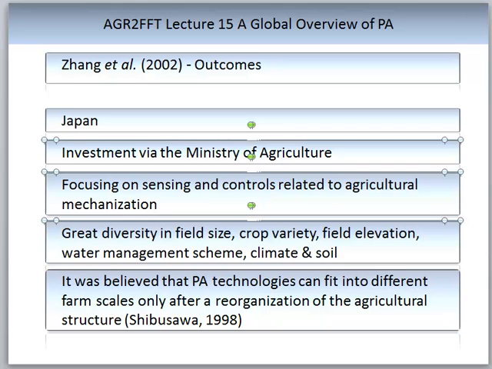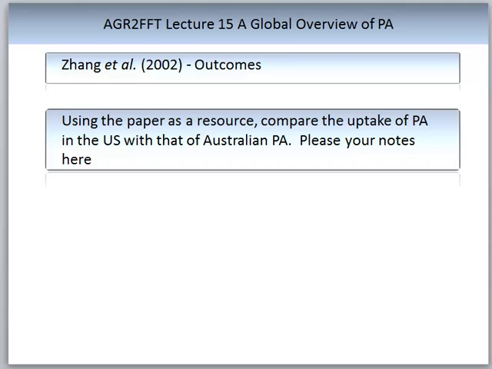It is believed that PA technologies can fit into different farm scales only after reorganisation of the agricultural structure occurs. Using the paper as a resource, which can be found on Moodle, compare the uptake of precision agriculture in the US with that of Australia. Please insert your notes here.